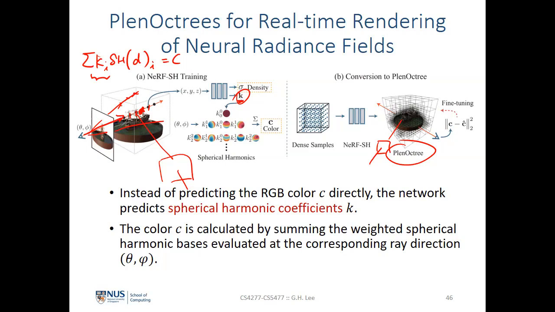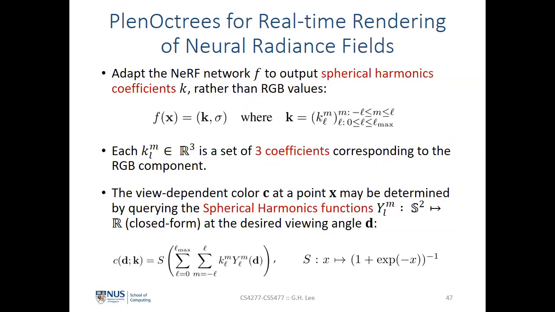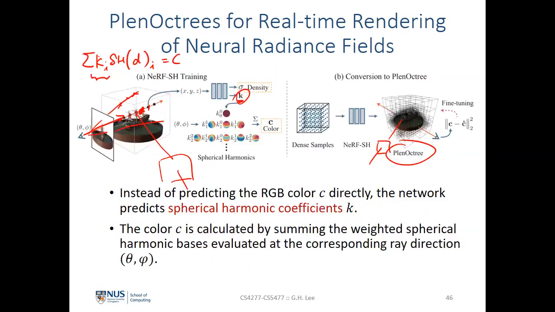And this is how they manage to do it. This is the function here. So k is the coefficient, and this is the spherical harmonics, which can be computed in closed form. So now they can render this in a very nice way.